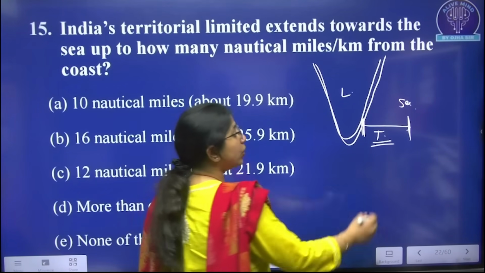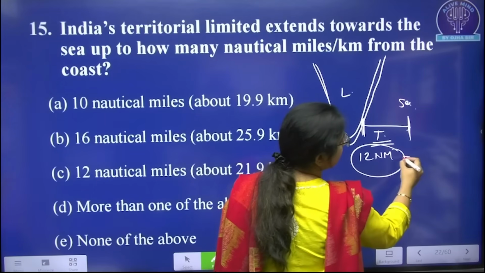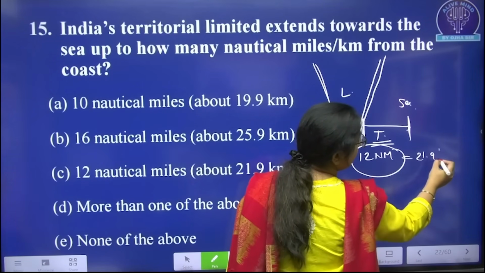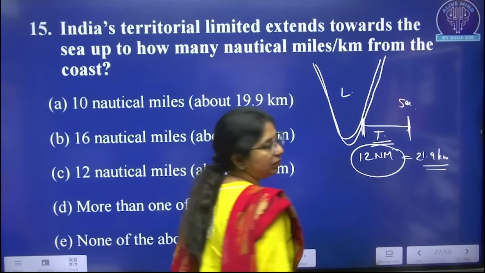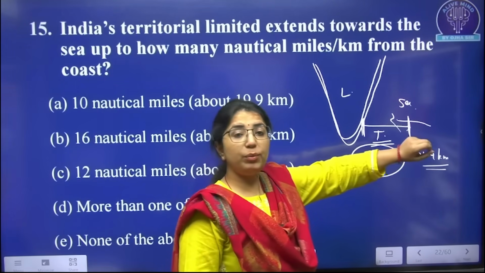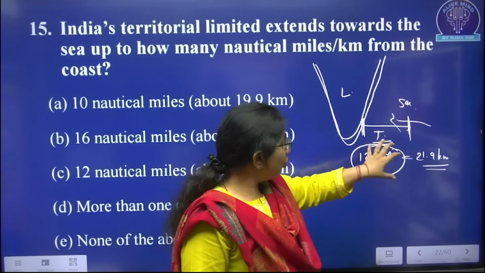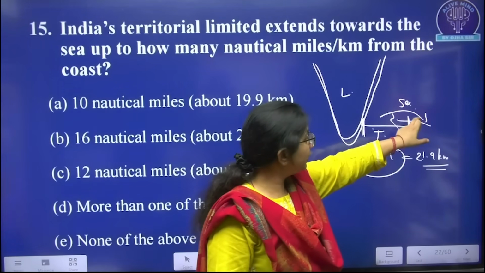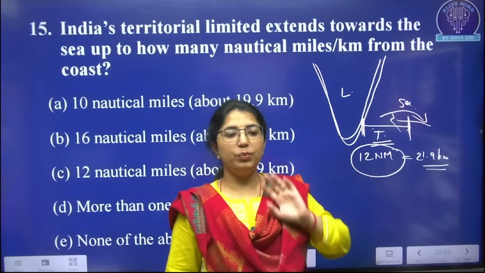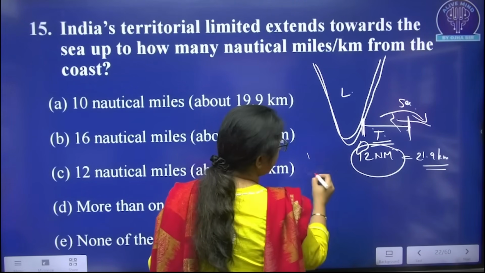It is 12 nautical miles, and 12 nautical miles is equal to 21.9 kilometers. This is our boundary. No one can come into it. That will be a violation of international law. And you cannot go into another's domain without permission. What is the reason behind fishers getting arrested in Sri Lanka?